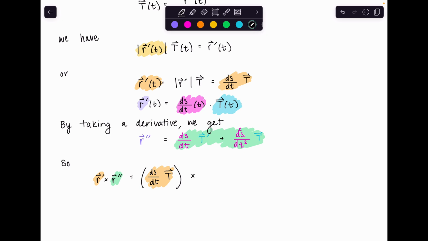So I'm going to cross product it with ds/dt times T prime, plus d squared s/dt squared, the second derivative of the arc length with respect to the parameter t, times T.